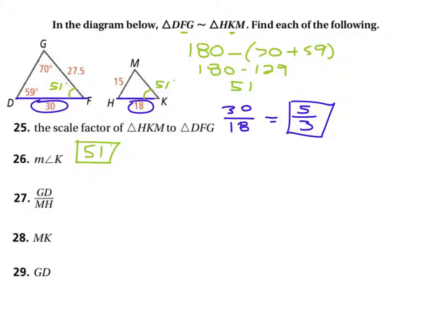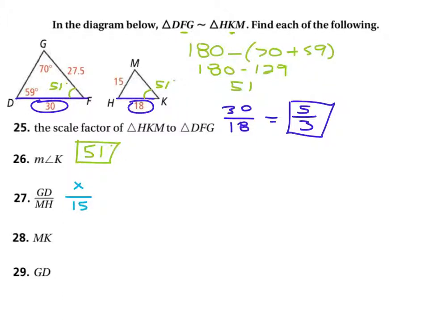Now, what is the ratio of GD over MH? Well, what is GD? We don't know the length of GD, so let's call it X. But over MH is 15.